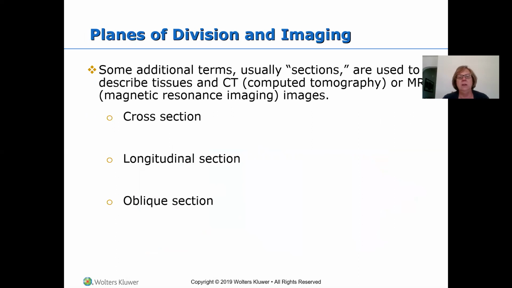Okay, and then these are some of the terms that are used for this imaging, for describing the tissues. We have a cross section, a longitudinal section, and an oblique section. A cross section, as you can imagine, is just cutting right through something.